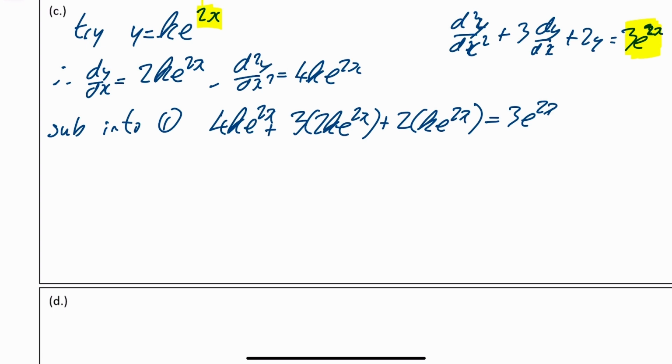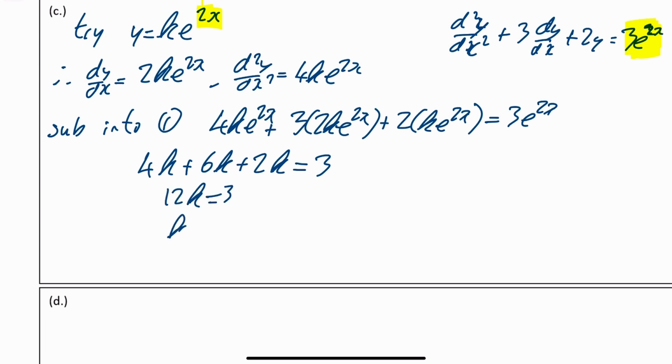So what you've got here, you've got 4k plus 6k plus 2k is equal to 3, because I've just divided through by my e to the 2x. You'll have 12k is equal to 3, so your k works out to be 3 over 12, which is 1/4. So we'll just say your PI is y is equal to 1 over 4 e to the 2x.